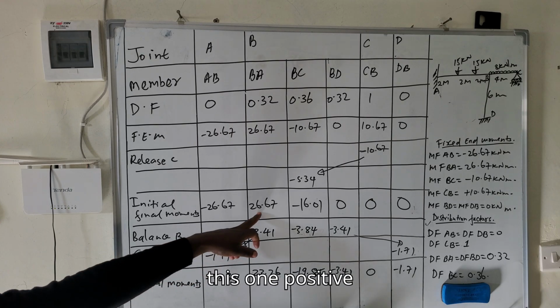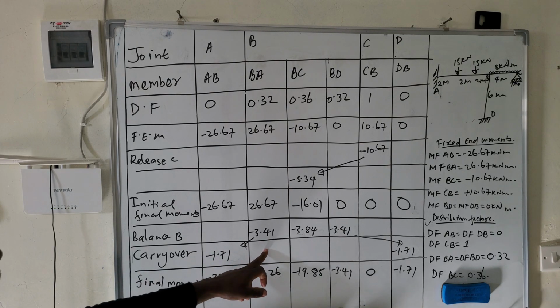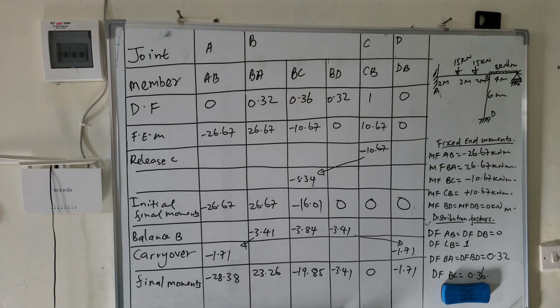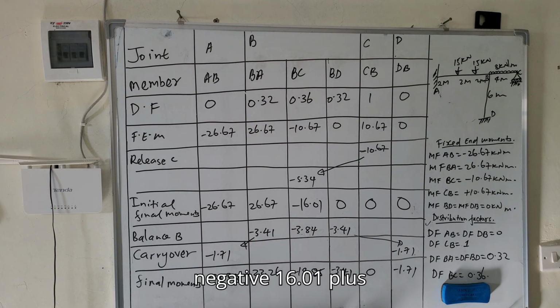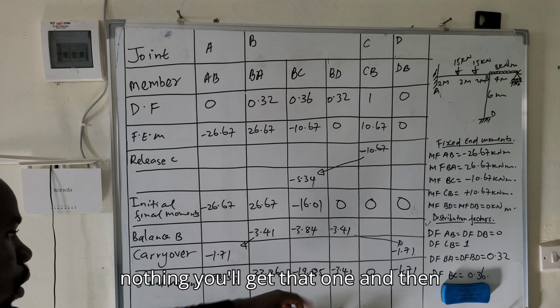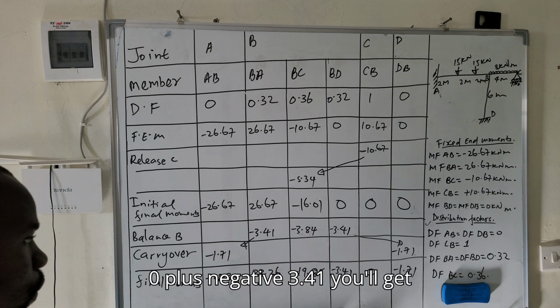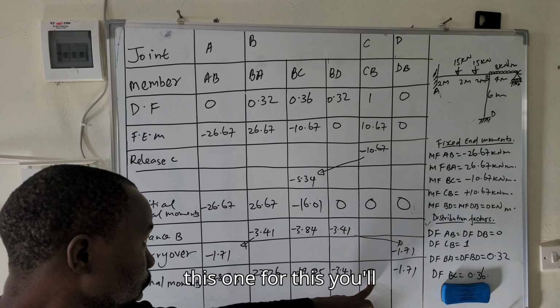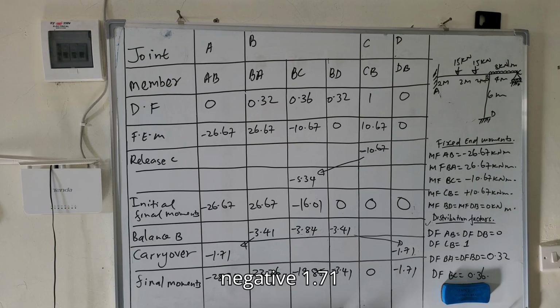We come to this one, positive 26.67 plus minus 3.41 plus 0 or nothing, you'll get positive 23.26. We proceed to this one, negative 16.01 plus minus 3.84 plus nothing, you'll get that one. And then 0 plus negative 3.41, you get this one. For this, you will have 0 and negative 1.71.